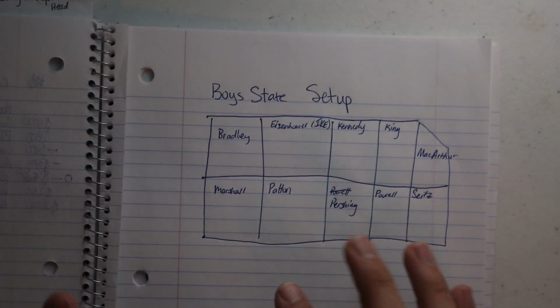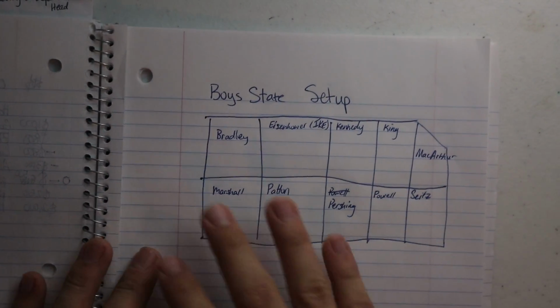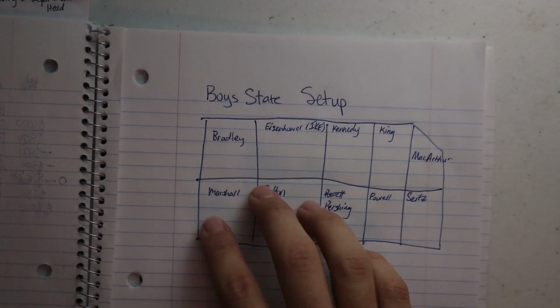So Boise State was split up into these 10 counties.